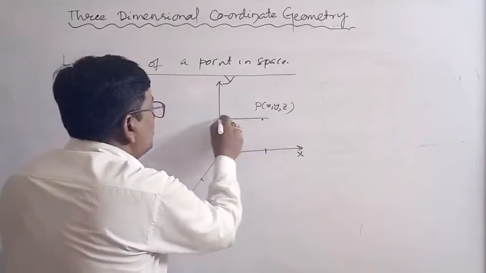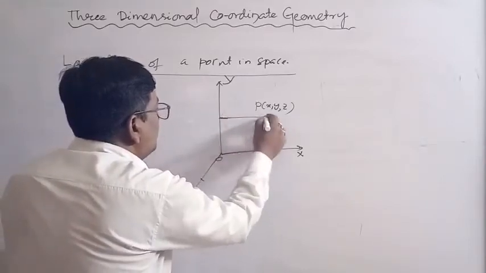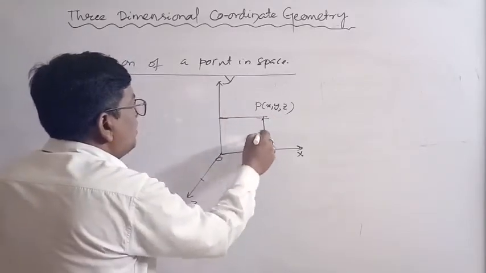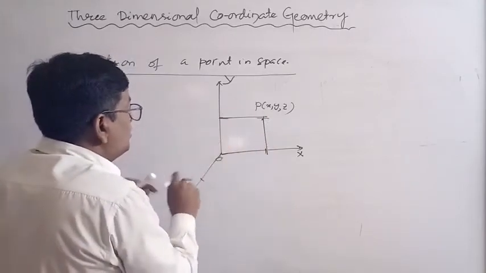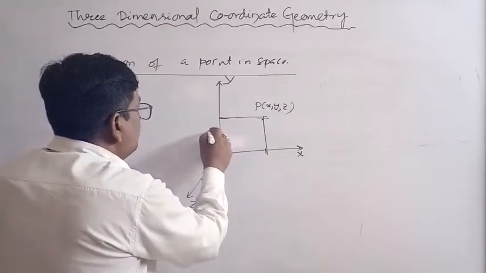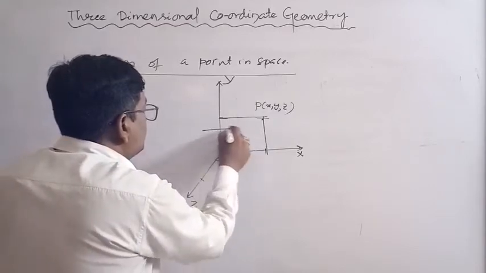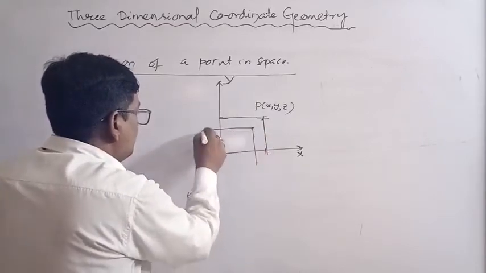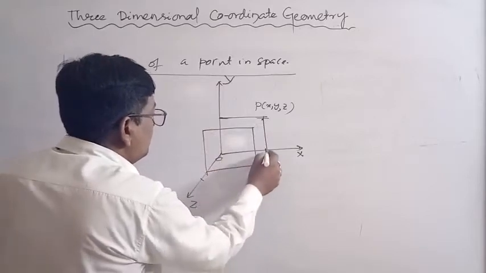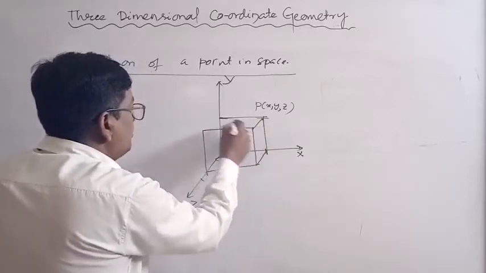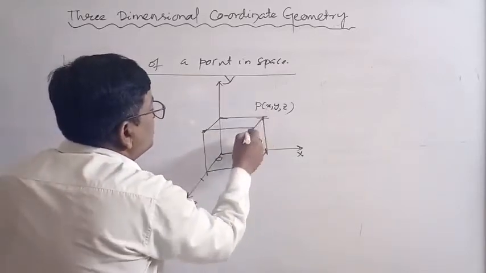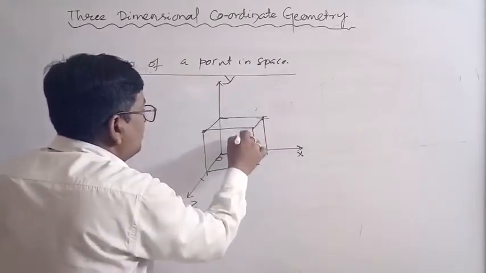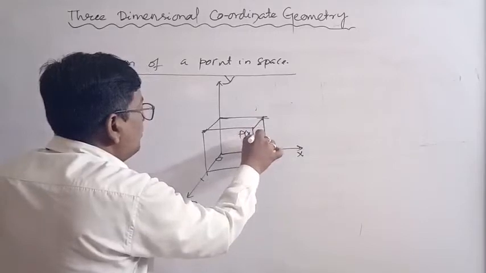So this is x, this is y, and this is z, like this. This is the z axis and the point is here. This is the point P. Clear?